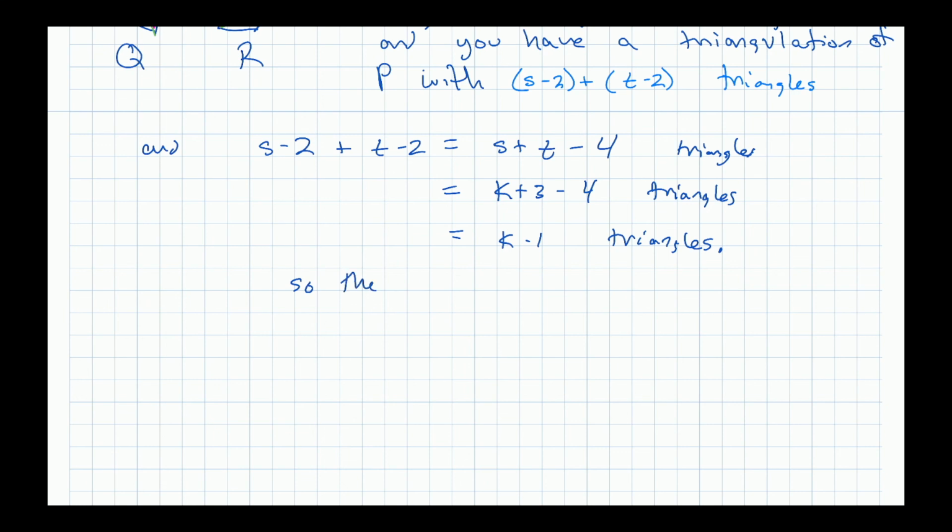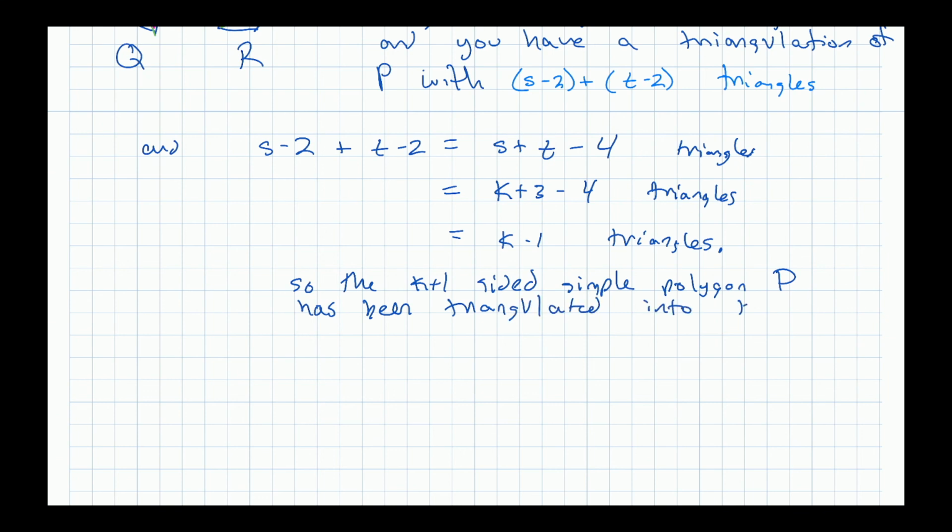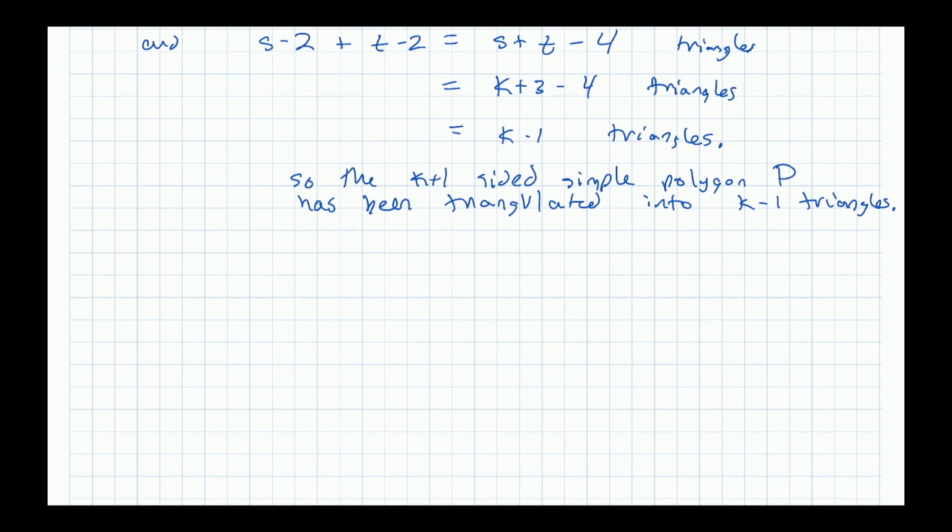So the K plus 1 sided simple polygon P was triangulated into K minus 1 triangles. Right. That's what we were trying to do for that induction step. So we're done.